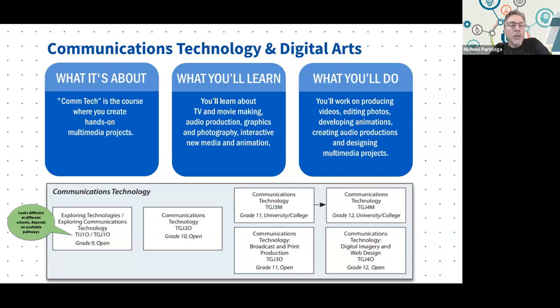Okay, the course codes that you'll see there, most schools will have a TIJ course, so that's a grade 9. When you see a TIJ 10, you know that the 1 indicates grade 9. And in most schools, there'll be that TIJ that kind of touches on the various technologies in the building. It's going to look a little different from school to school.